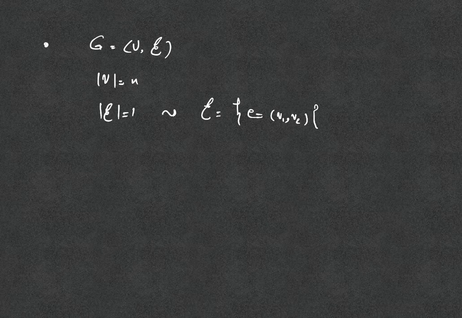Now, if you consider the unnormalized Laplacian LE, or the Laplacian of this graph with only one edge, it is going to be 1, minus 1, minus 1, 1. Everything else in the graph is going to be 0.